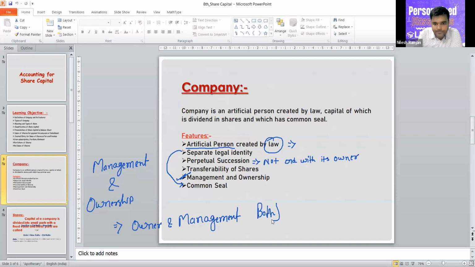Both. In proprietorship and in partnership also, the partner also runs the business. But in case of a company, ownership is with shareholders, but directors and managers are appointed to run the business.